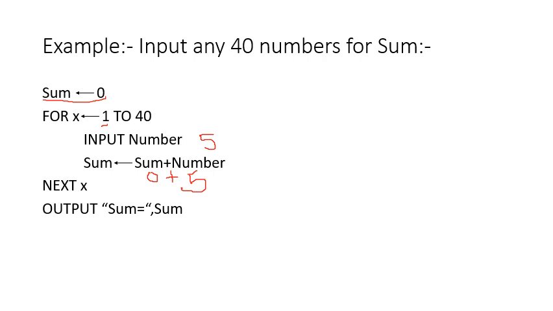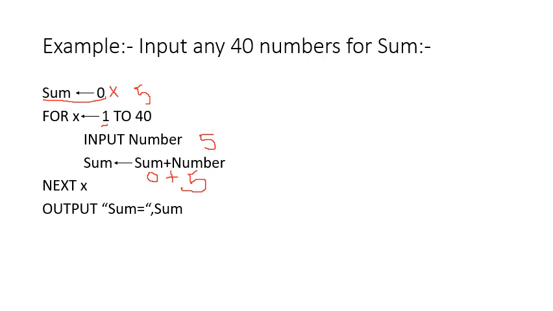Now the sum value 0 is changed to 5 because you have done a process of addition here. Sum plus number. So sum is 0 and number is 5. So 0 plus 5 is equal to 5. Now in the next step, this will not be 0. This will be equal to 5.